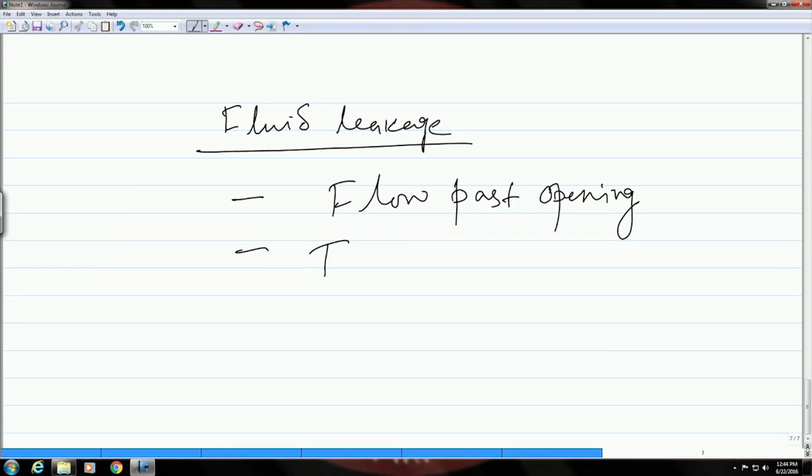Then turbulence or the turbulent jet. Due to the presence of a liquid head or some fluid pressure, if there is any turbulence in this liquid or there is any turbulent jet, that will also create a lot of stress which can lead to acoustic emissions.